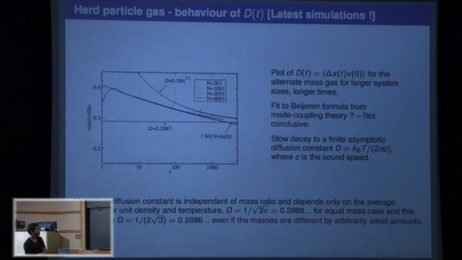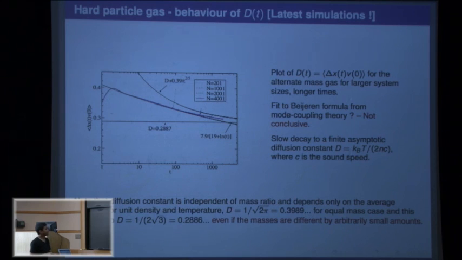One interesting point is that the diffusion constant is independent of the mass ratio, and depends only on the average density. This is because in this formula, the speed of sound does not depend on the mass ratio, it only depends on the average density.